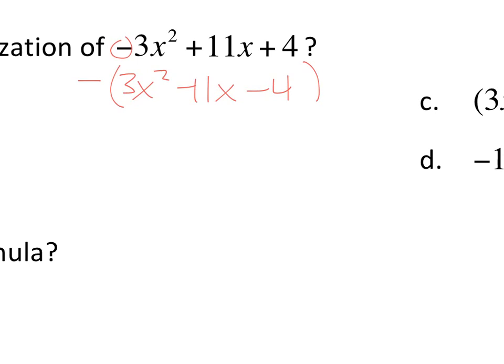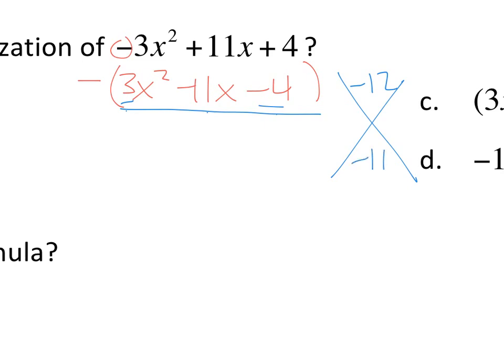Remember that negative sign, we'll have to remember it at the end. Now what I'm going to do is go to work on just what I underlined. I'm going to start breaking this down. It's a trinomial, 1, 2, 3, and it doesn't look like there's a greatest common factor. So I'm going to go with my product sum method, where I'm looking for something that will multiply to negative 12, 3 times negative 4, and that adds up to negative 11.